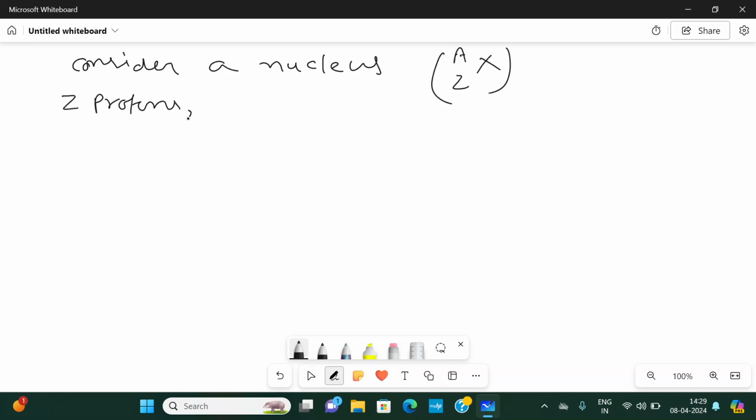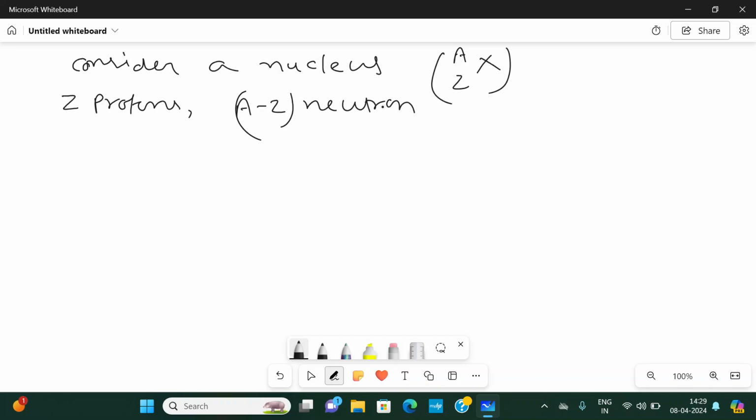Consider a nucleus of element X having mass number A and atomic number Z. This will contain Z protons and A minus Z neutrons.